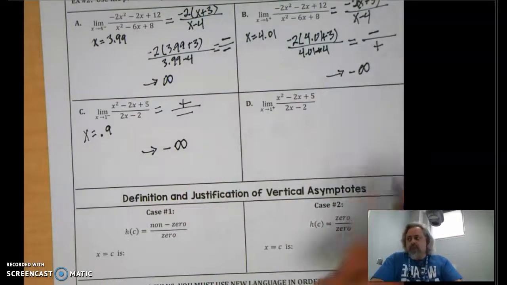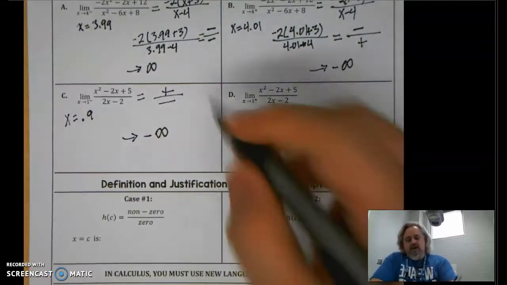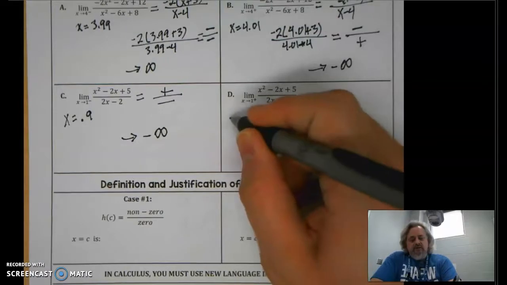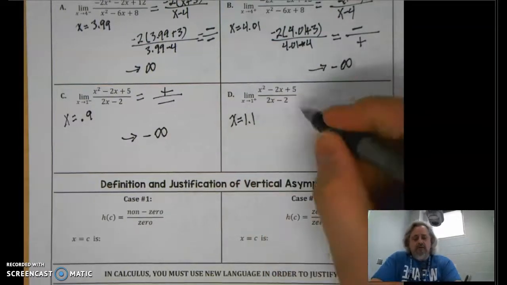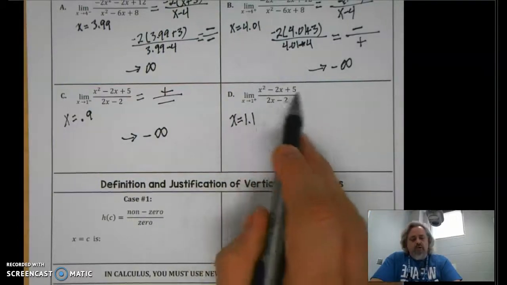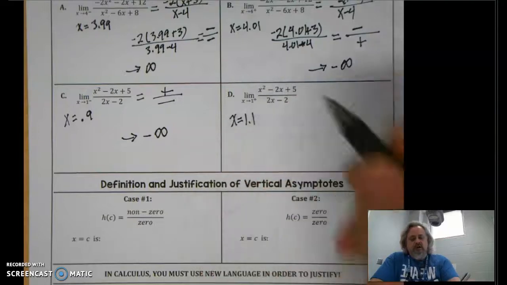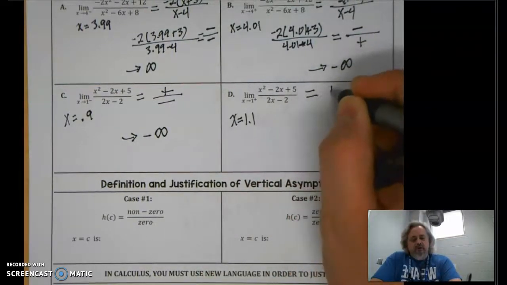And same thing here, we have to approach 1 from the right-hand side. So let's just suppose x is equal to 1.1, something that's to the right of 1 on the number line. And again, if we plug this 1.1 into the function, we will wind up with a positive number in the numerator.